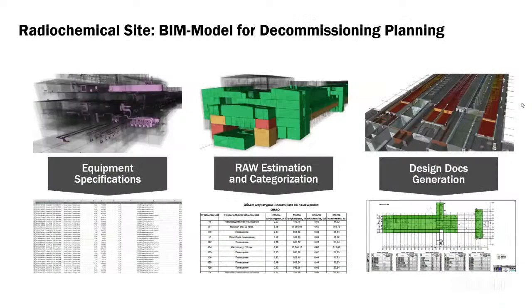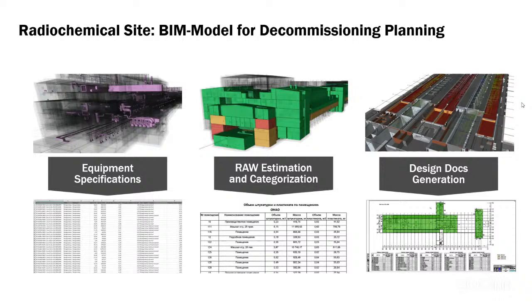So we used all these models for three main procedures. For further planning, we automatically obtained equipment specifications. It's a list of a huge number of equipment that is inside, with its characteristics. Then we did radioactive waste estimation and categorization. It's another part of the planning documentation.